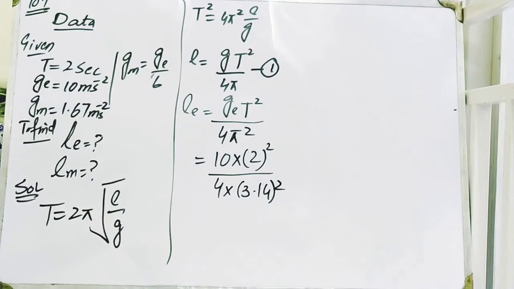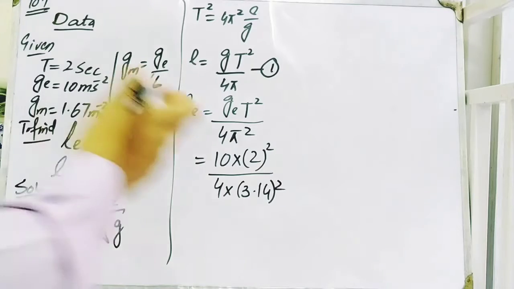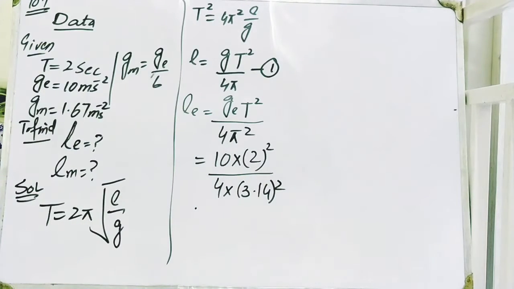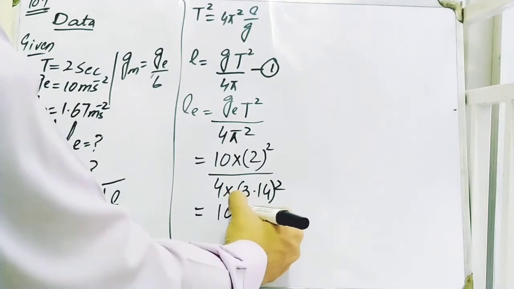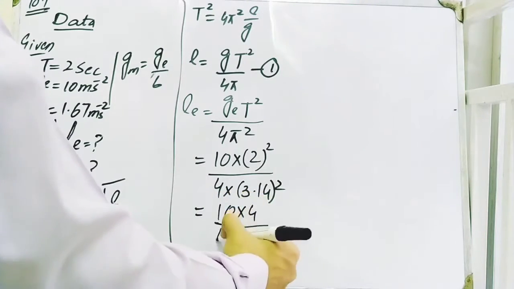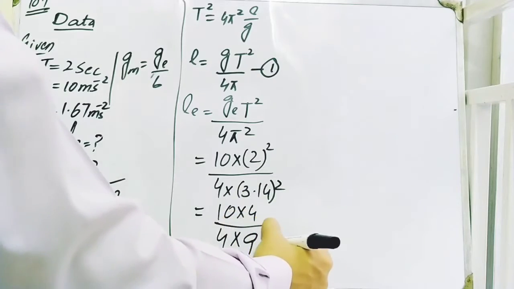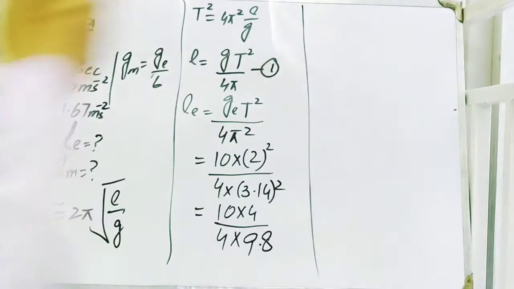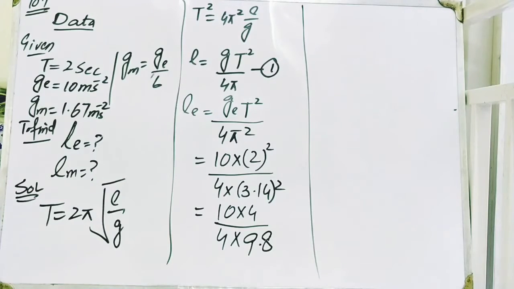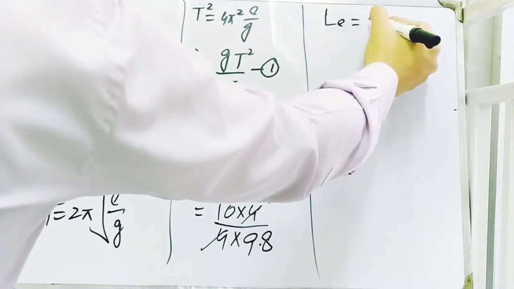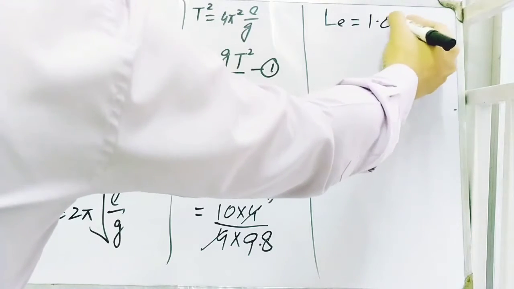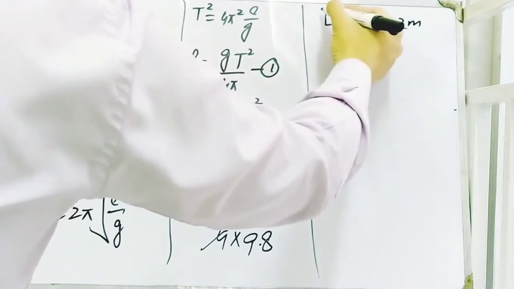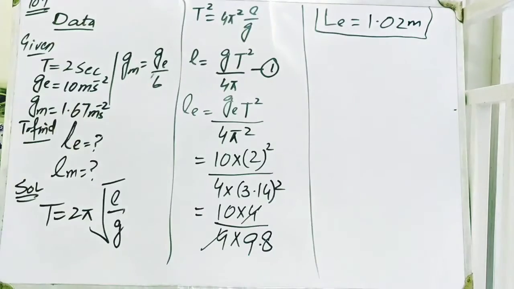When we solve it, we will find 10 multiplied by 4 divided by 4 multiplied by 9.8. 4 will be cancelled with 4. So 10 divided by 9.8, LE is equal to 1.02 meter. This is the length of the pendulum on Earth.